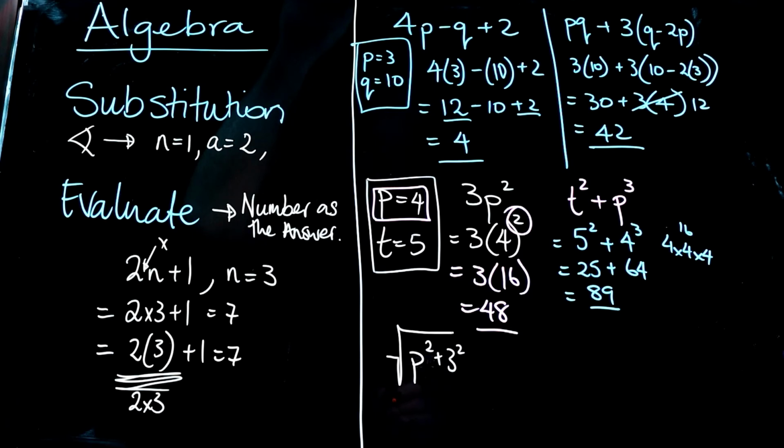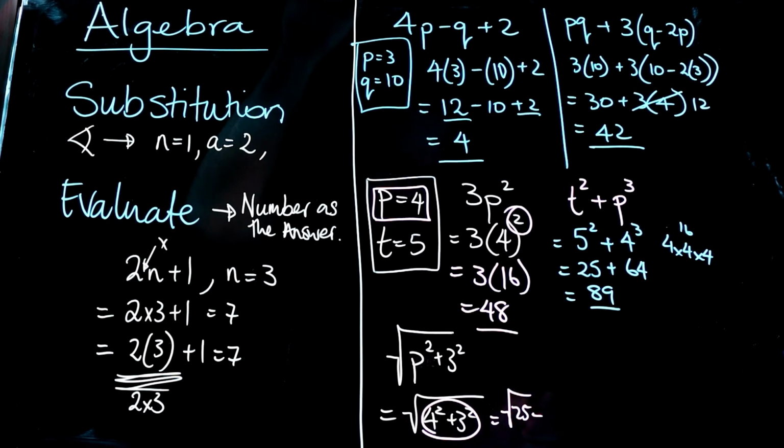We're going to do the substitution, and we've got 4 squared plus 3 squared, and underneath here, just a reminder of what to do. Underneath here, 4 squared is 16, plus 3 squared is 9. 16 plus 9 is 25. So what we have here is the square root of 25, and that's equal to 5. Okay.